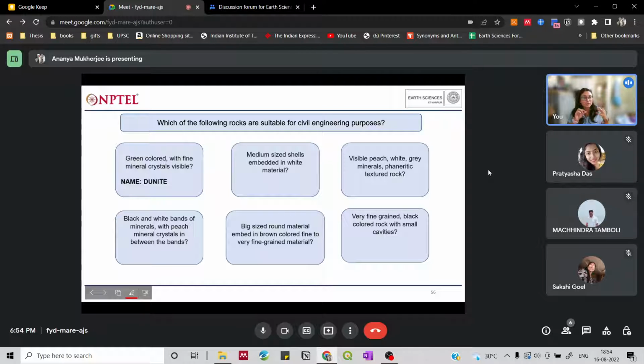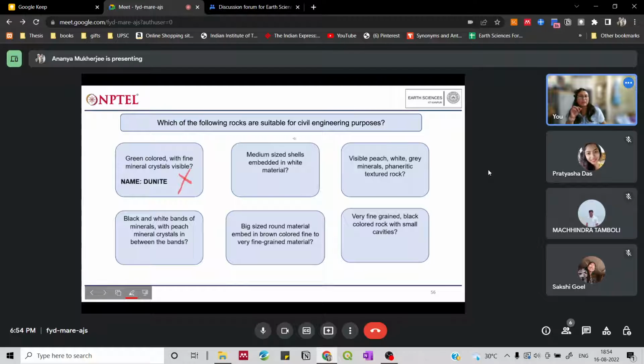Because olivine is the first mineral to form as per Bowen's reaction series. So it is also the most unstable mineral, and it will weather very easily into secondary minerals like serpentine, which are further vulnerable to the next stage of weathering or erosion. So any ultramafic rock for that matter is not suitable.